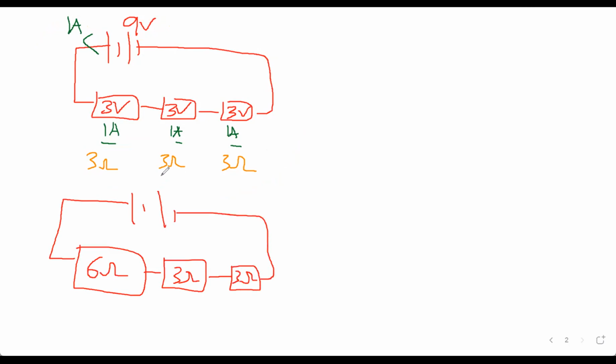Okay. So right now, let's say, for example, this guy gets 9 volts. How much voltage will this guy get? And how much voltage will these two get? Six ohms will get how much voltage? Think about it logically and carefully. 4.5.